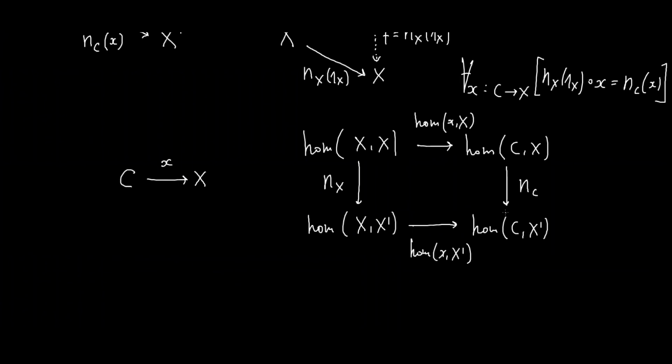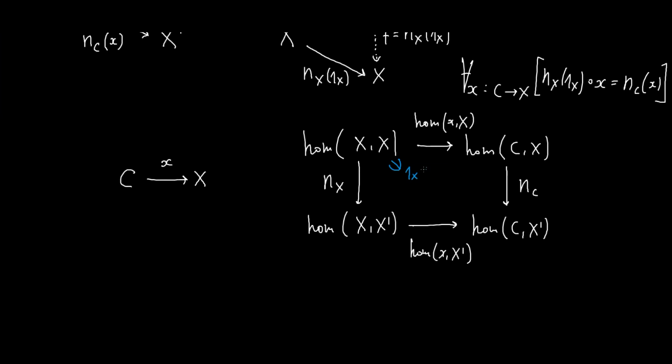Now I'm going to use that fact. Since I know this square commutes, I know that if I pick a specific element in here, and the element I'm going to pick will be the identity morphism of X, which definitely lives there, and I chase this element around the square, I know that it must map to the same place by both maps.